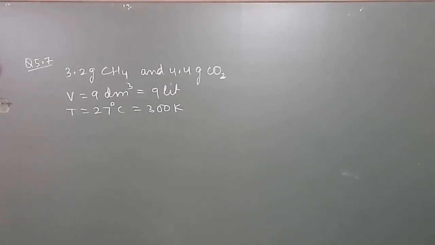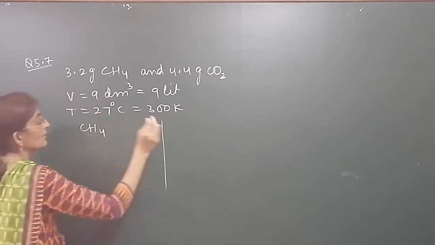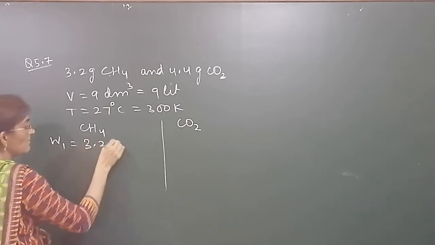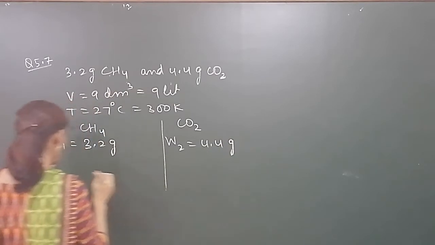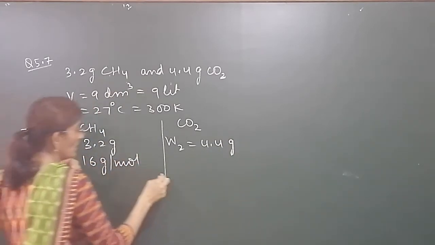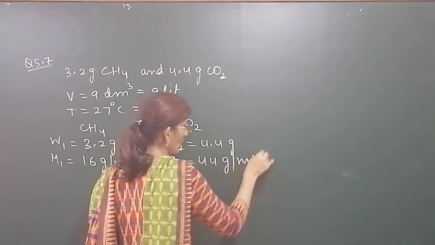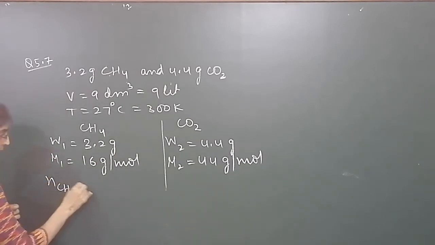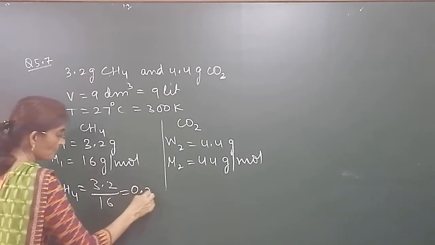Easily we can determine. First we will calculate moles of methane gas and carbon dioxide gas. Weight is given for methane as 3.2 gram and for carbon dioxide as 4.4 gram. We know the molecular mass of methane is 16 gram per mole and of carbon dioxide 44 gram per mole. Moles of methane will be given weight upon molecular weight, so it is 0.2.